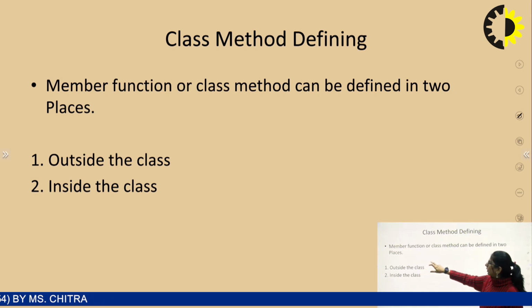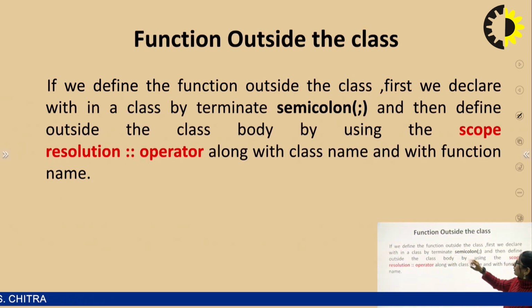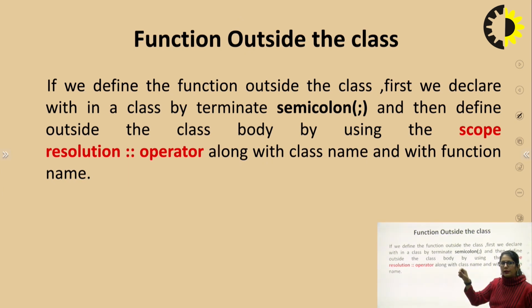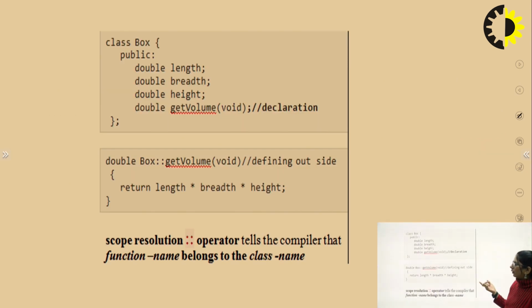The other one is outside the class. For outside of the class, whatever you are declaring, after declaring, terminate your class with the semicolon, then define the body of that function outside of your class by using the scope resolution operator, as we said earlier. Now let's see a code here. For example, there is a class Box.